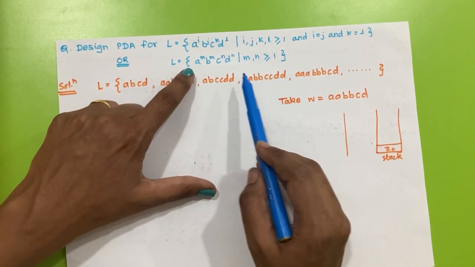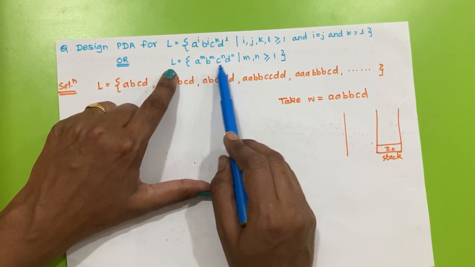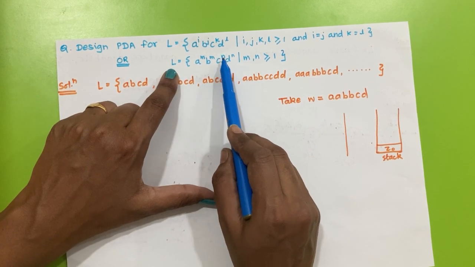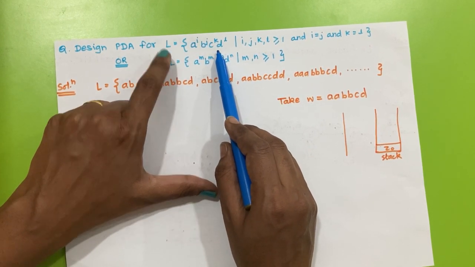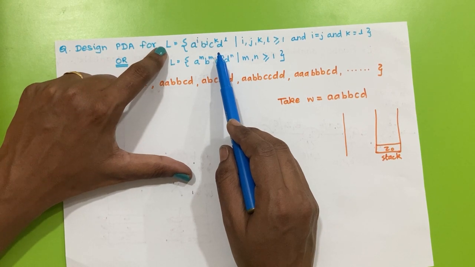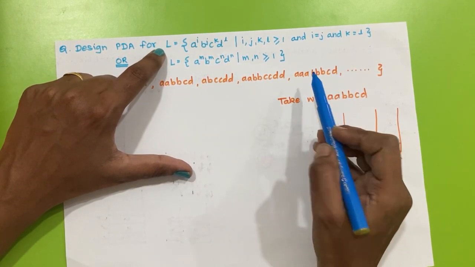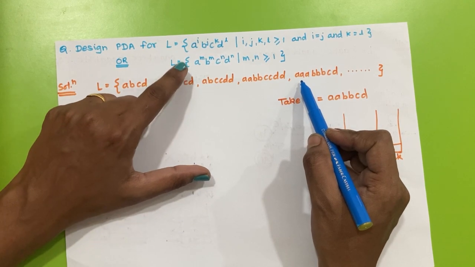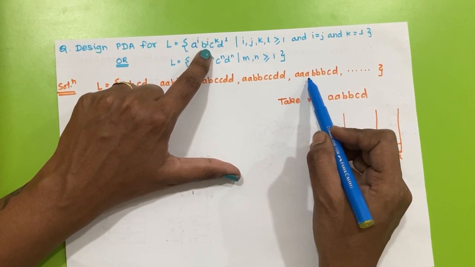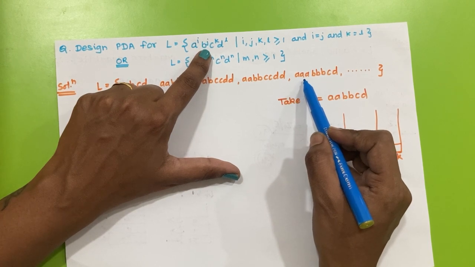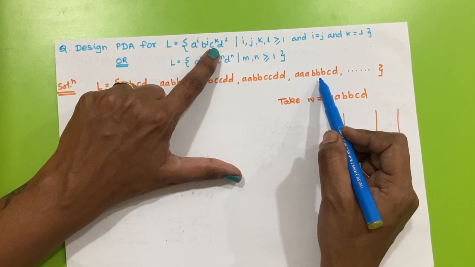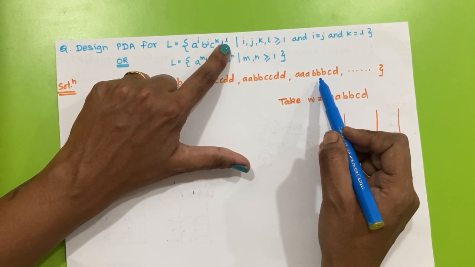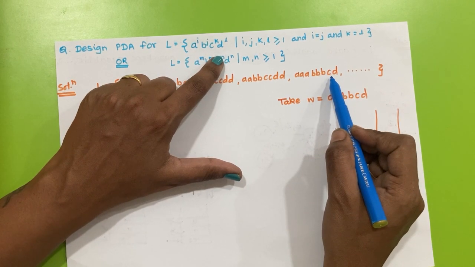So the same case happens with this also, because it's taking the same meaning as this language only. The next smallest string will be, if we take value of i, j equal to 3, then the string formed will be AAABBB, and if the value of k and l is equal to 1, then that can be CD.